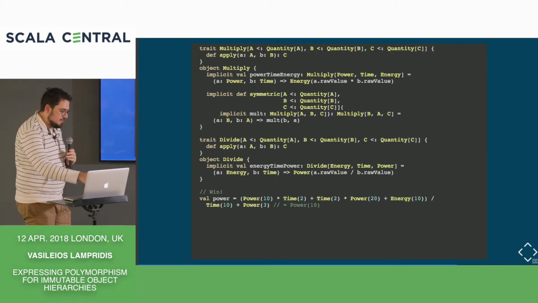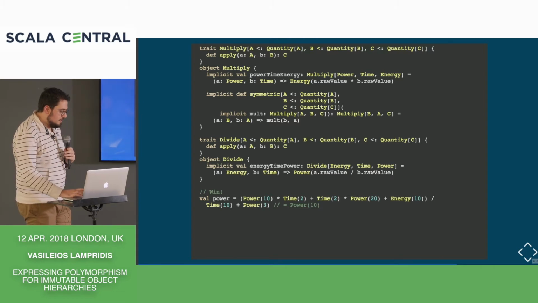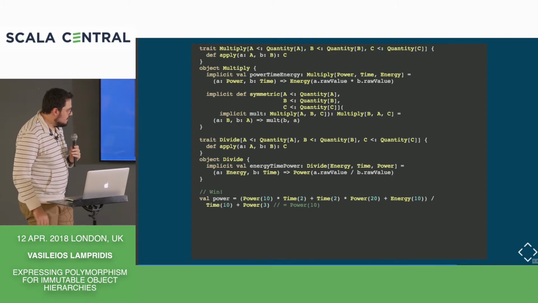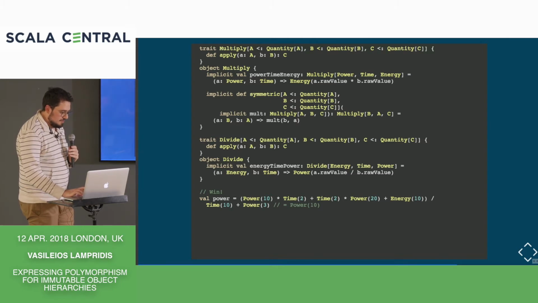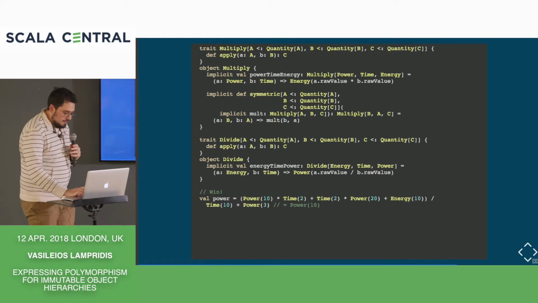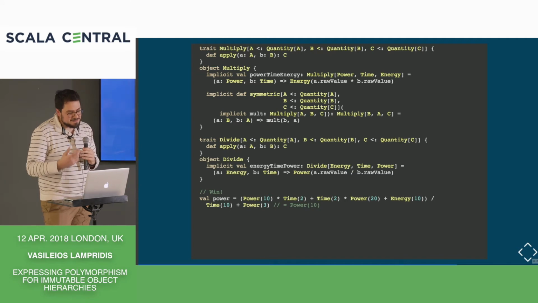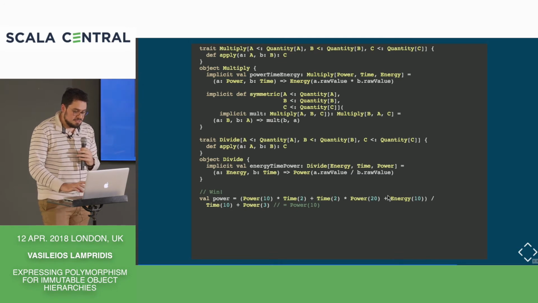And given just these three definitions, these three implicits, the compiler manages to do what is to me fairly impressive: you can define this expression, and it works out for you that power times time results in energy, so that you can then add the time times power, which is driven by this symmetric definition, and then just add energy based on the plain addition function that is based on the f-bounded polymorphism.